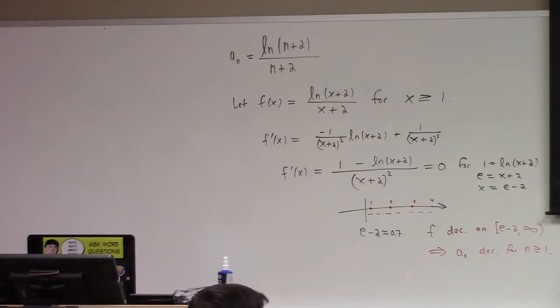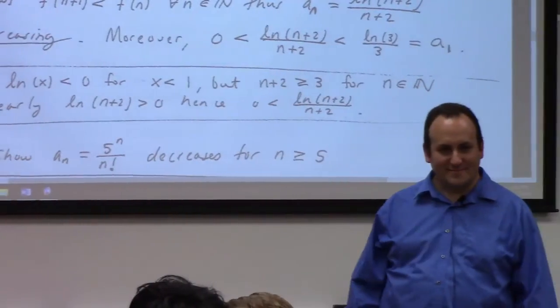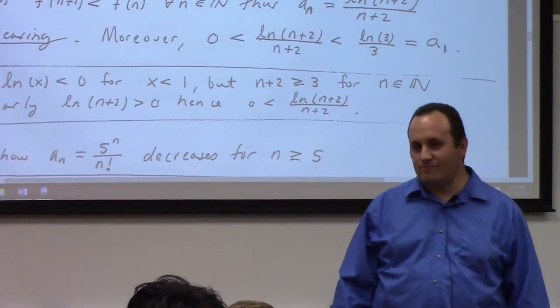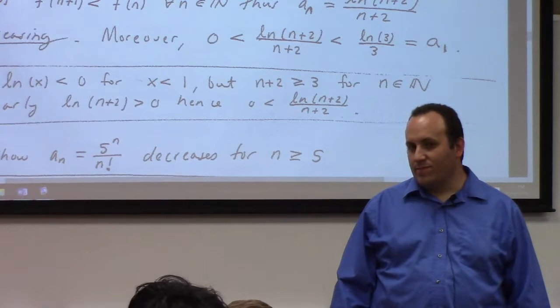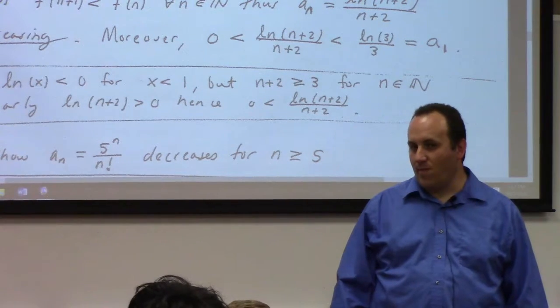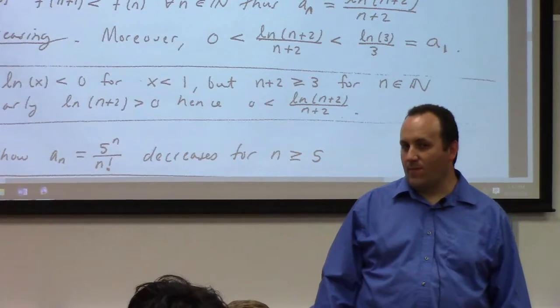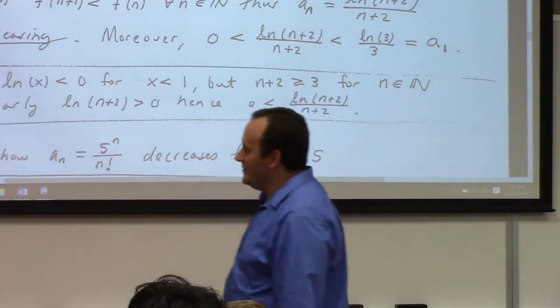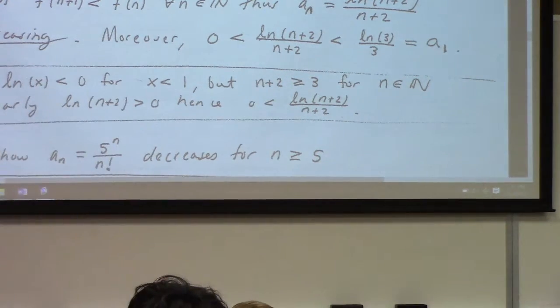Anybody have another way to do it? Mr. King, do you have another way to do this one? If I had to directly prove it, I used to do it with the exponential one, like 1 plus 1 over n to the n power, that is an increasing sequence.